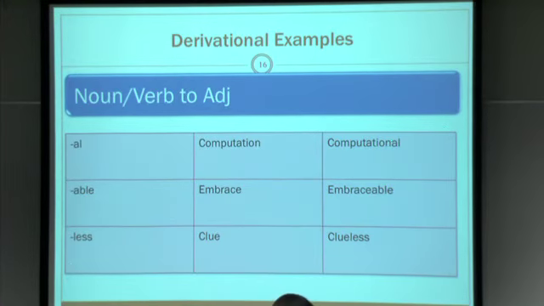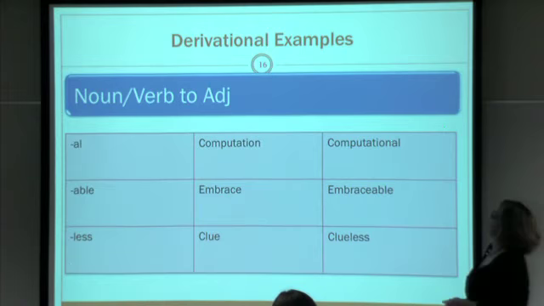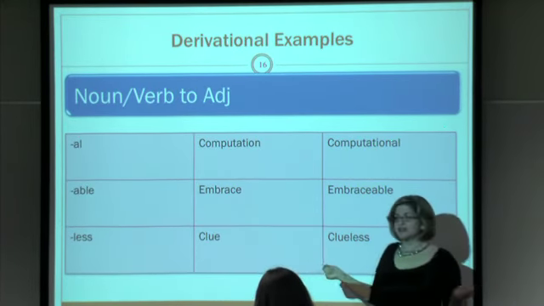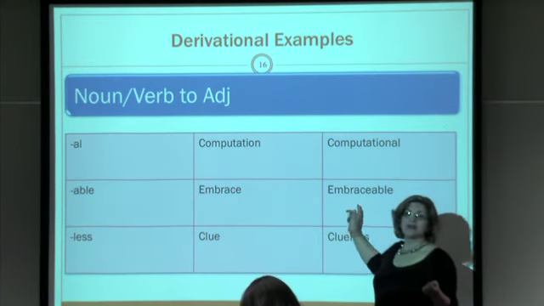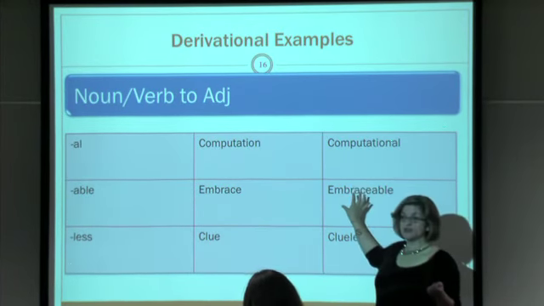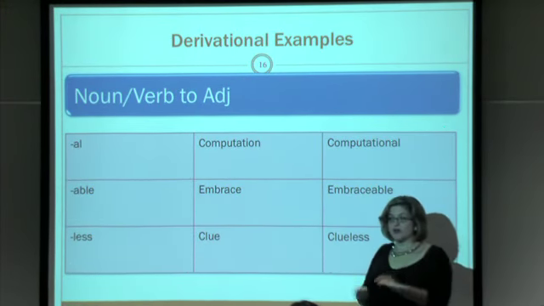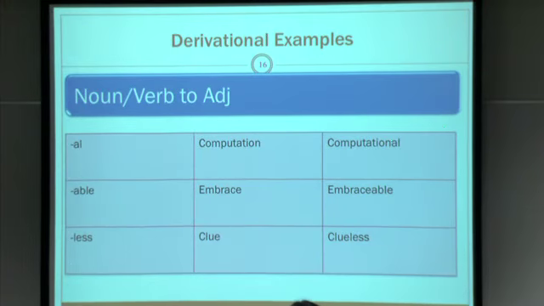How about the able? So with the verbs, embrace, embraceable. Kiss, kissable. Like, likable. Detest, detestable. You change the verbs and you say that this adjective describes what you can do to that object. Similarly, we talked about the less. That typically means not having the noun.